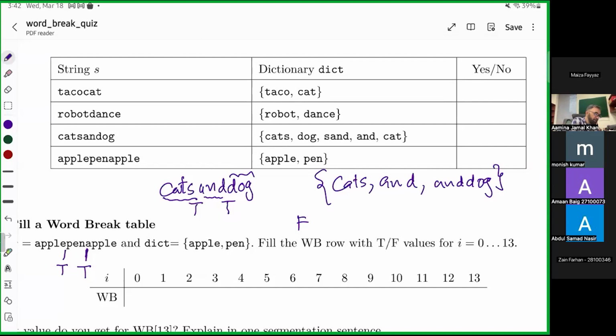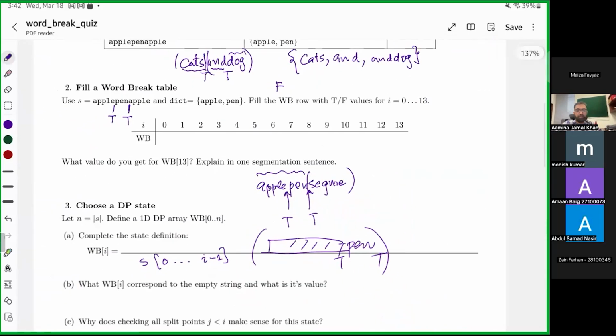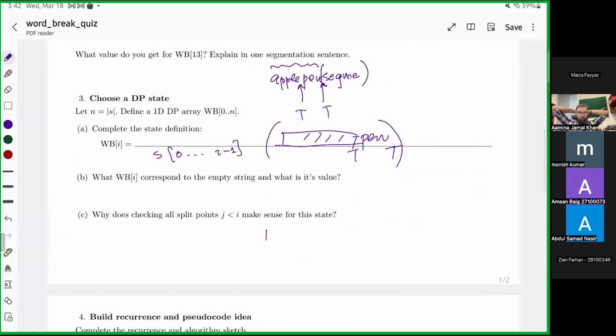If I split it into cats and dog, then this is split into two words, which works. This is what the third part of question 3 is referring to, that you should check all possible splits wherever you have a true for WB.